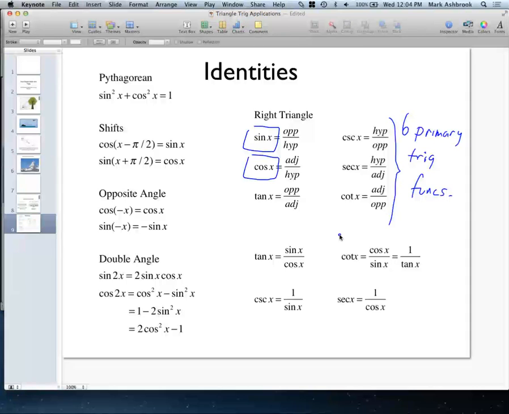Okay, and so one common strategy is to write the whole expression in terms of sine and cosine.